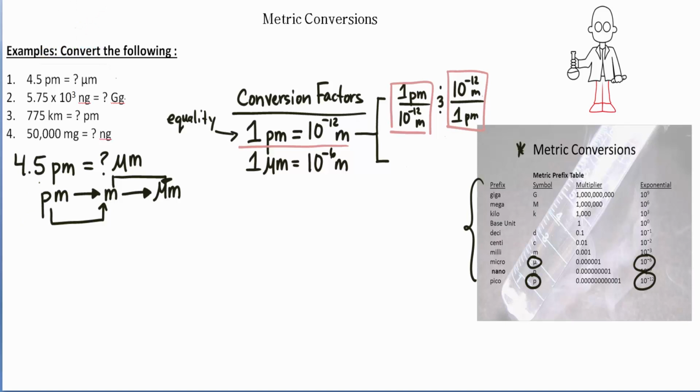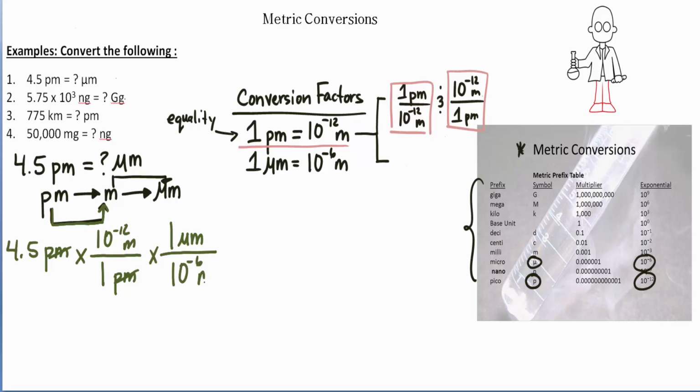Now, let's solve this problem. So 4.5 picometers times, the first step is we want to go from picometers to meters. So in 1 picometer, we have 10 to the minus 12 meters. So the units of picometers cancel. The next step is we want to go from meters to micrometers. So in 1 micrometer, we have 10 to the minus 6 meters.